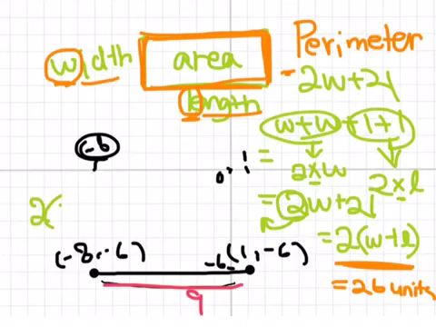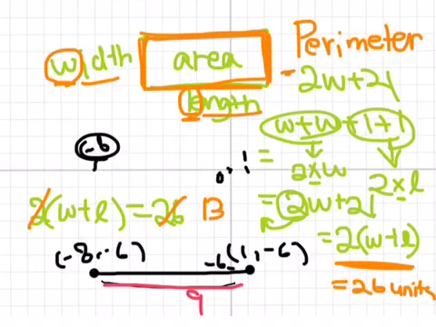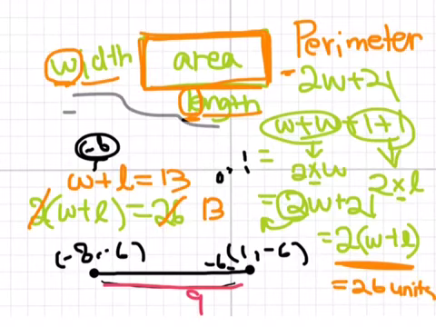We learned that if we divide the same number on both sides, it's the same thing. So divide by 2. Boom, boom. So w plus l, width plus length, is 13. Yay! How did we get from here to here? Amazing. Just amazing.